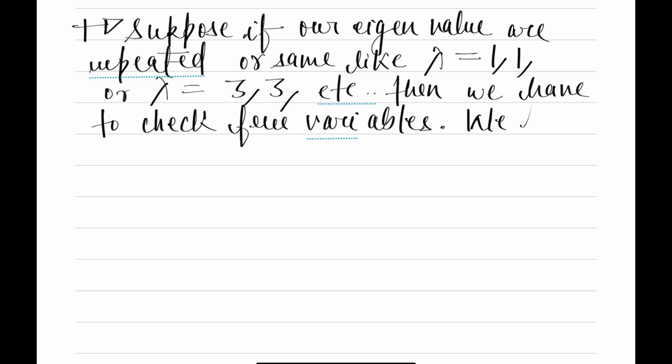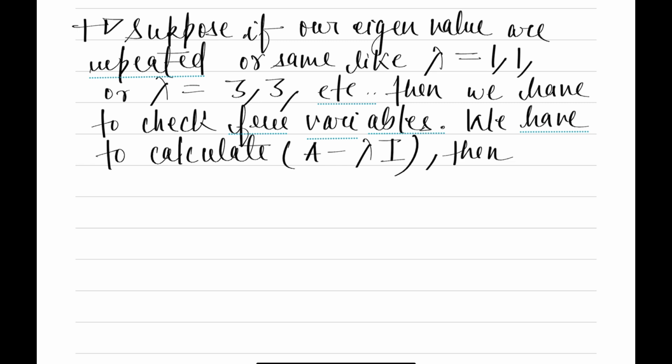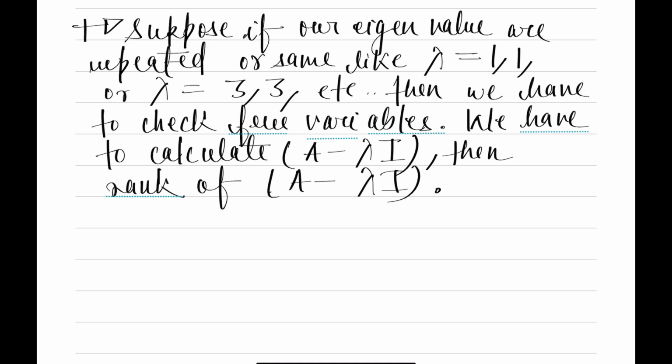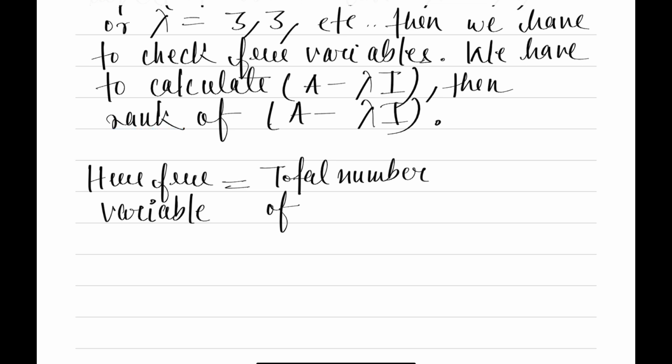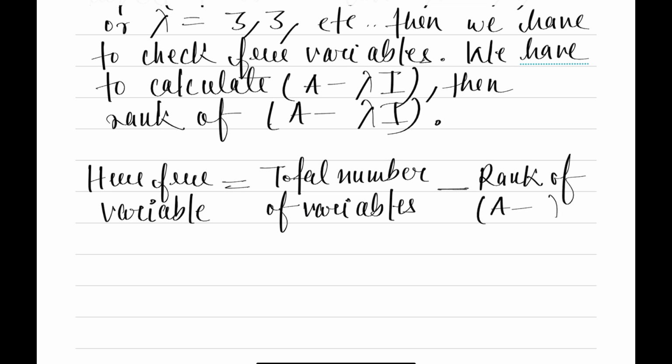We have to calculate A minus lambda I, then the rank of A minus lambda I. The free variable will be equal to the total number of variables minus the rank of A minus lambda I.